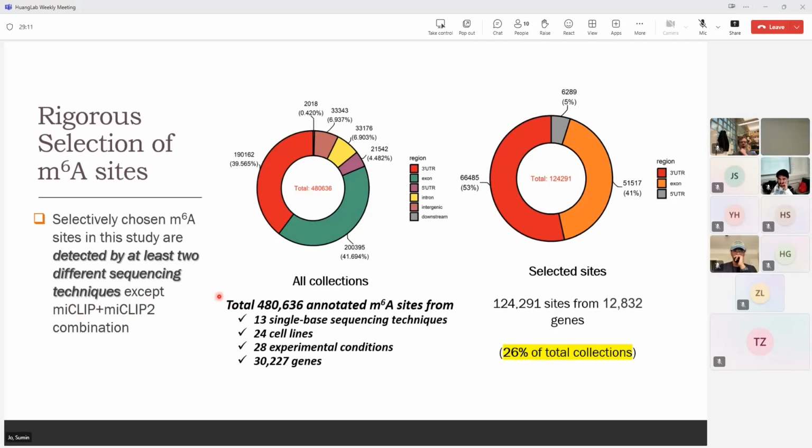So this is the total number of the collection we retrieved from m6A-Atlas 2 sites, which comprises 13 different single base technologies across 24 cell lines, across 28 experimental conditions, and across over 3,000 different genes. As you can see, the number is really high.